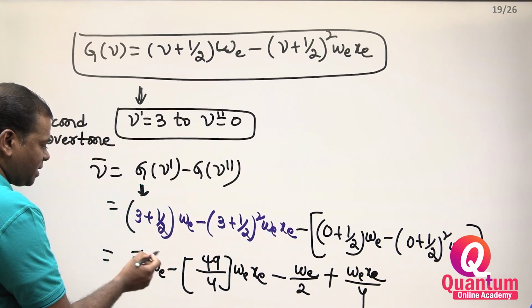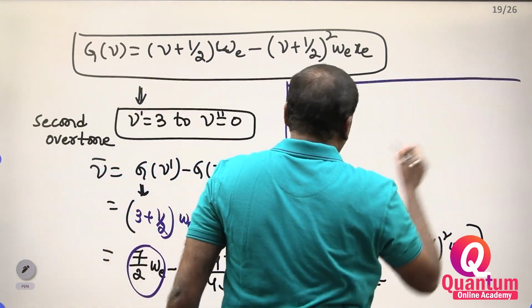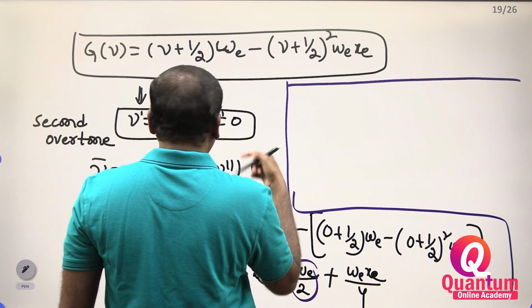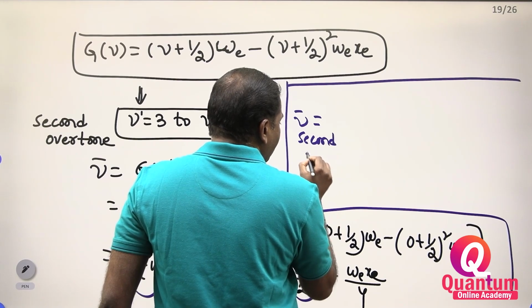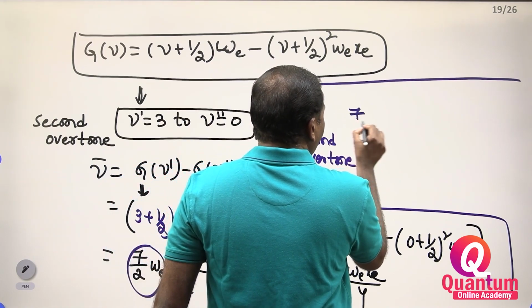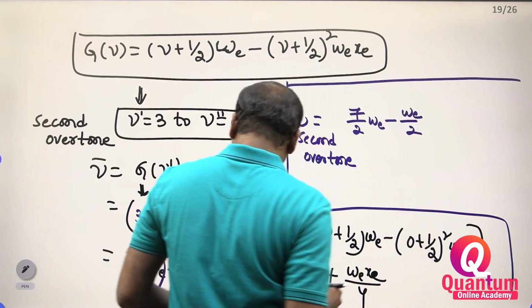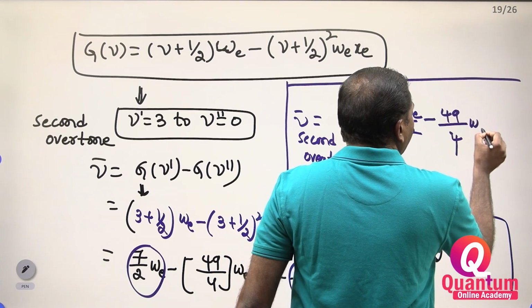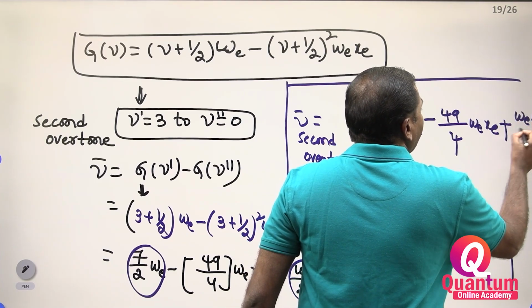Now you have to subtract. The second overtone frequency is 7 by 2 omega e minus omega e by 2, minus 49 by 4 omega e xe plus omega e xe by 4.